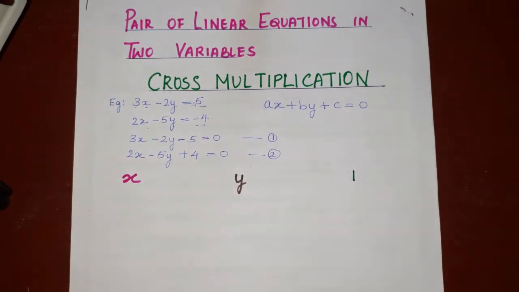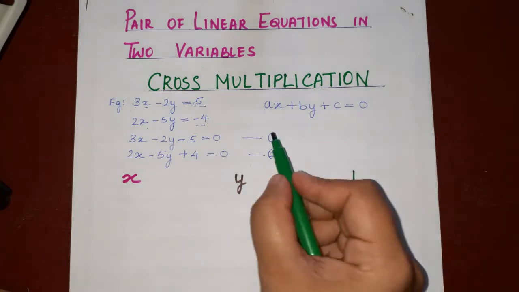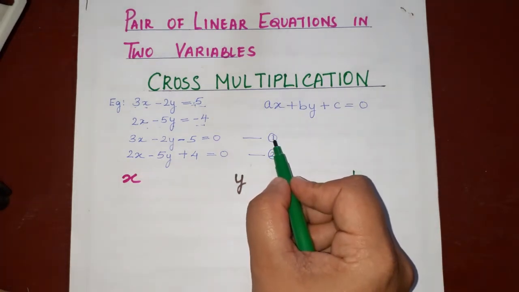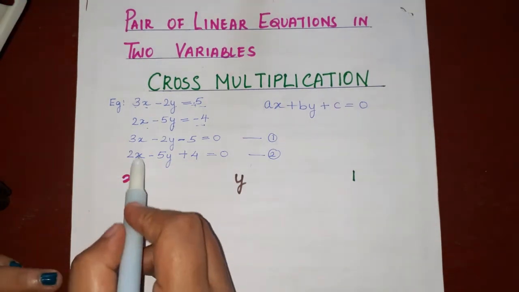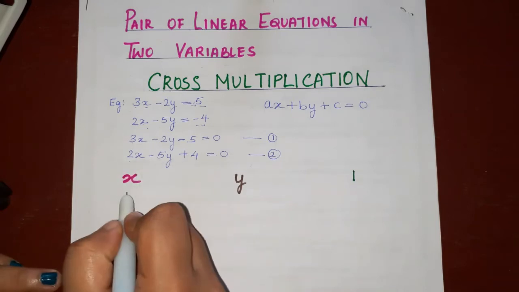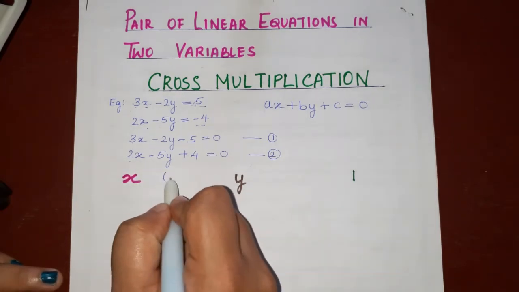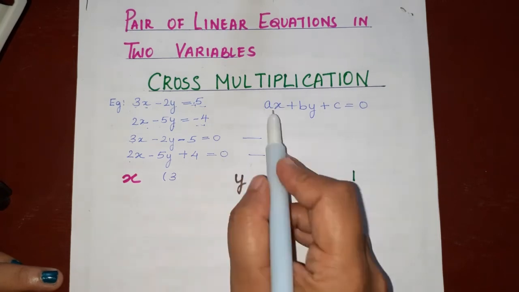Now we are going to see the numbers associated with each of these variables, and that we are going to write. Starting with my first equation, under x I have 3 and 2. The first is 3, it is a.